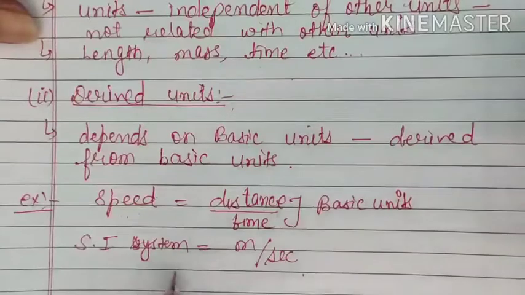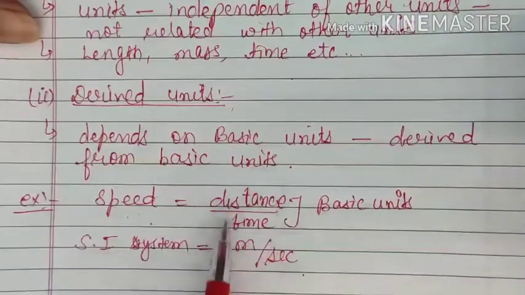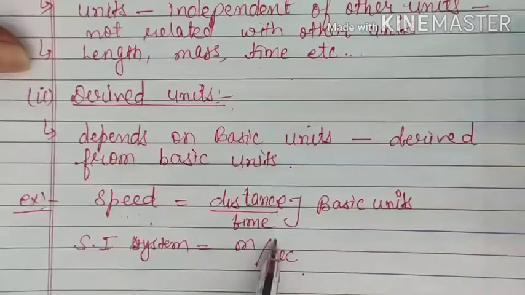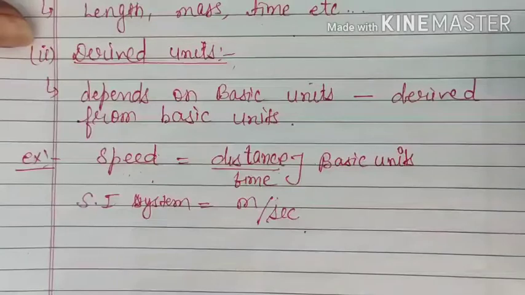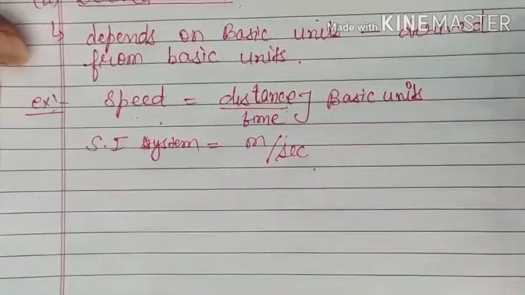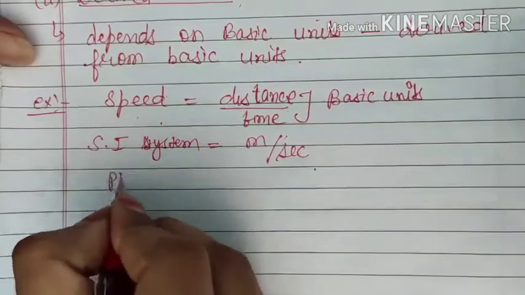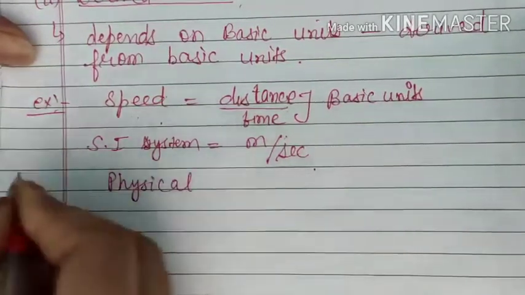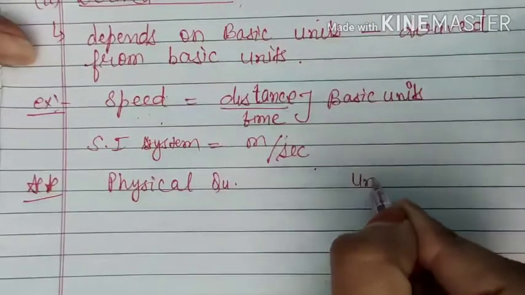Likewise, we will derive units of some physical quantities with the help of basic units. But first of all, we should know what the basic units are. Then only we will be able to derive units. So we will learn a table of basic units. In the table we will write physical quantity and unit.